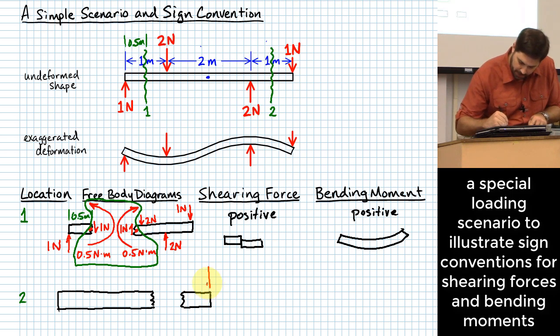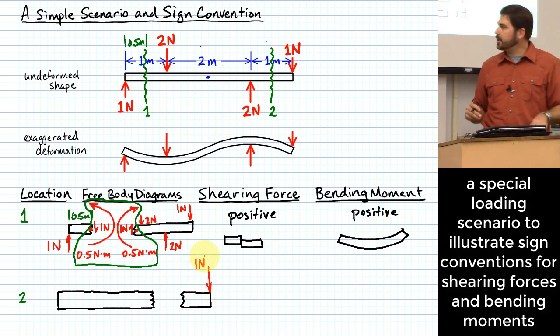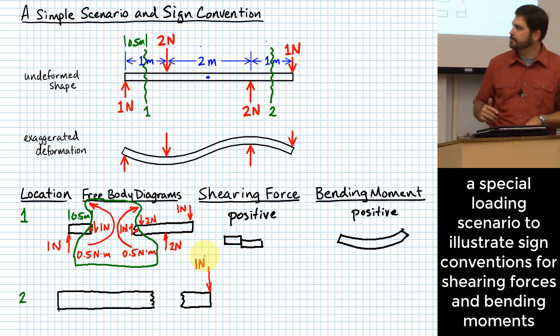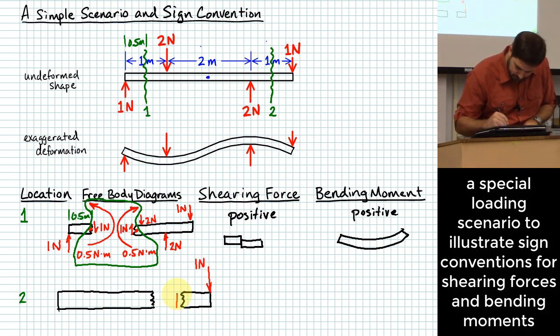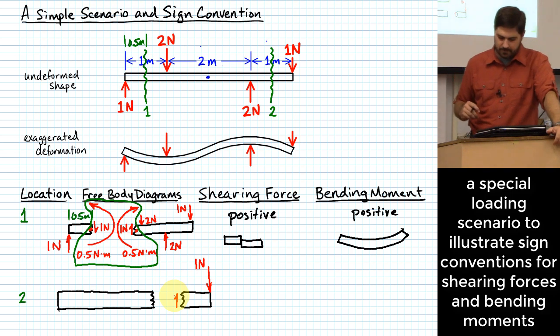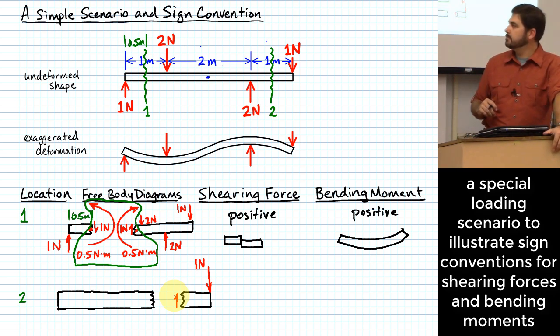So I've got this 1 Newton force that comes down like this. What kind of force would have to react against that 1 Newton force to keep that little segment in equilibrium? Would it be upward? Wonderful.